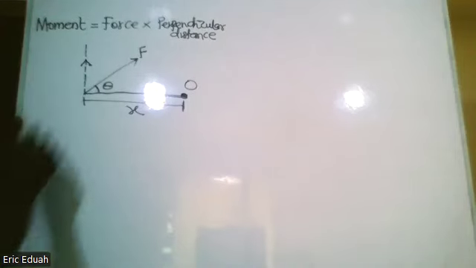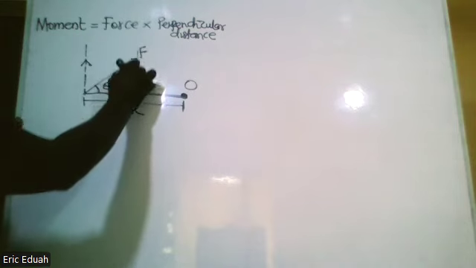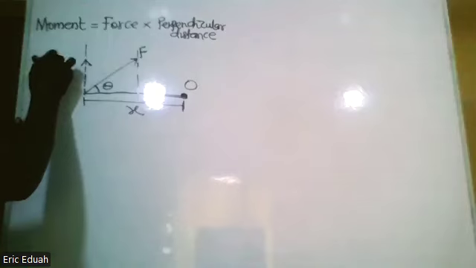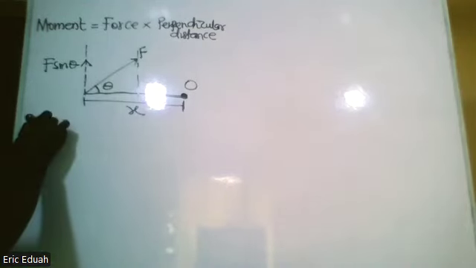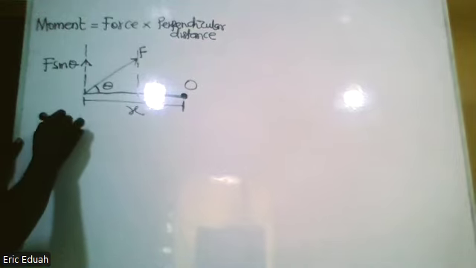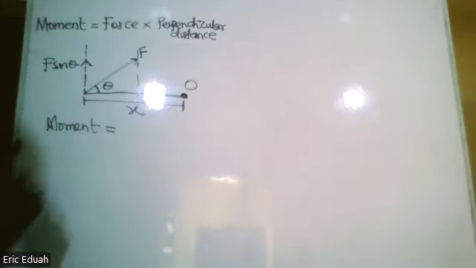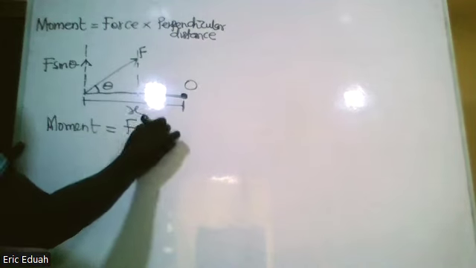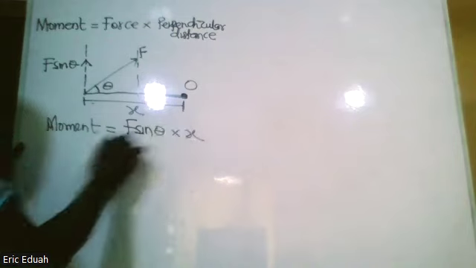We realize that this component of this force, which is also the same as this component, will be F sine theta. Therefore, the turning effect or moment of this force can be equal to the product of the force, which is F sine theta, by the distance, which is x.